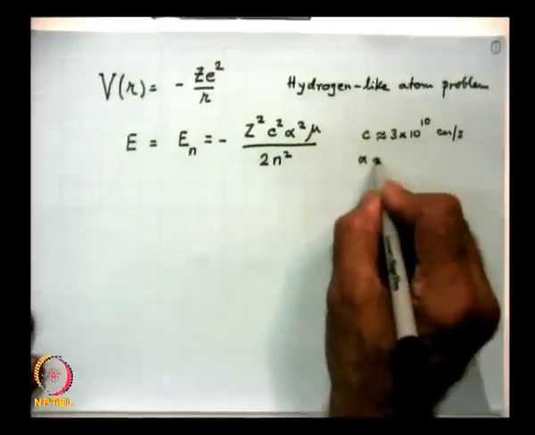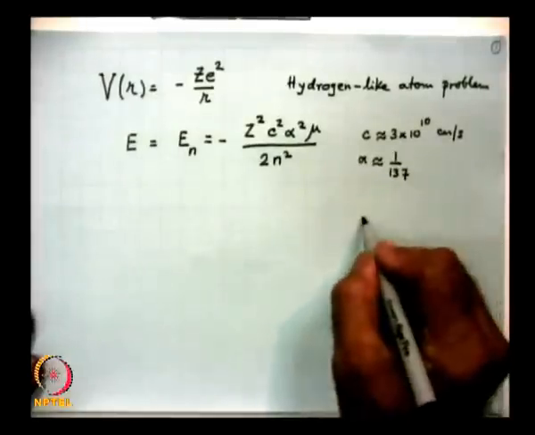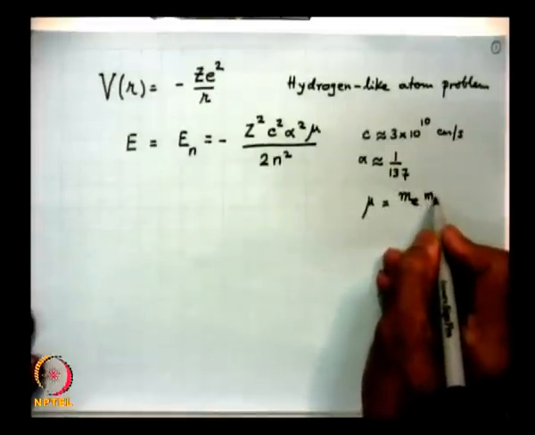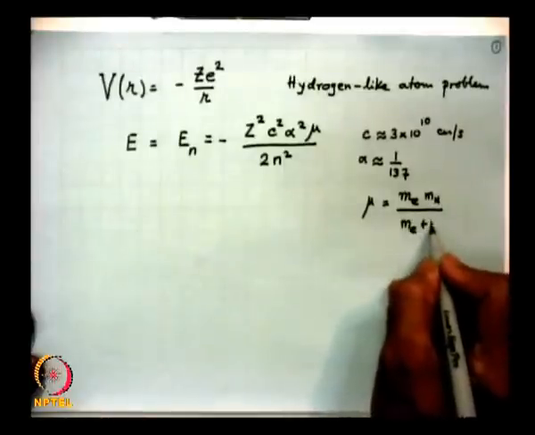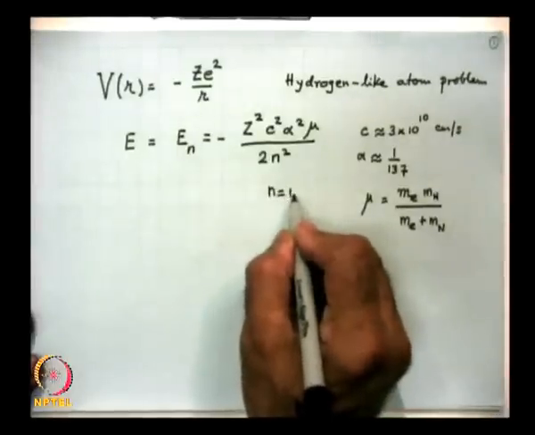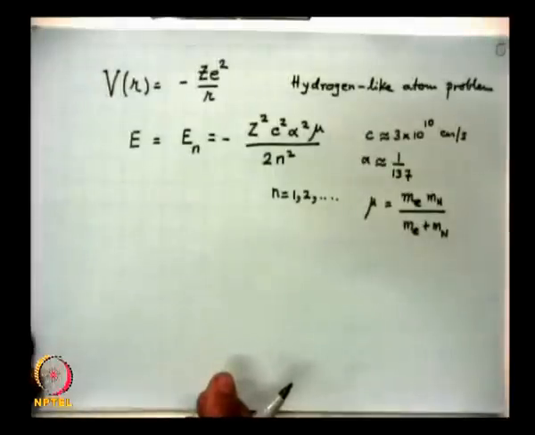Alpha is the fine structure constant, which is about 1 by 137, and mu is the reduced mass, that is Me Mn divided by Me plus Mn, where Mn is the mass of the nucleus, and n was the principal quantum number which can take the values 1, 2, 3, etc.